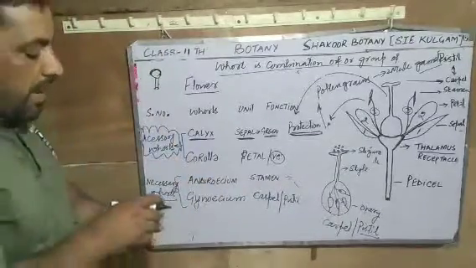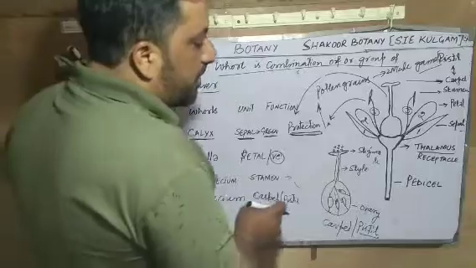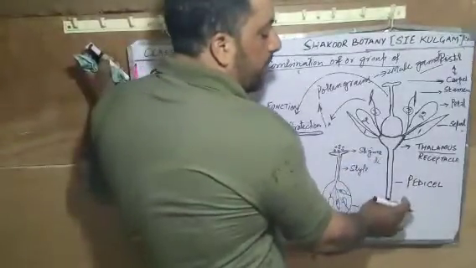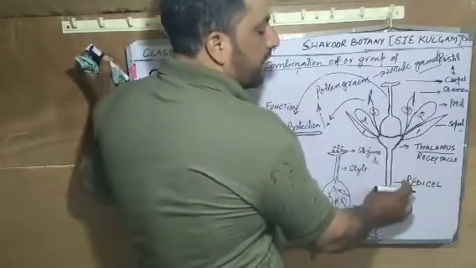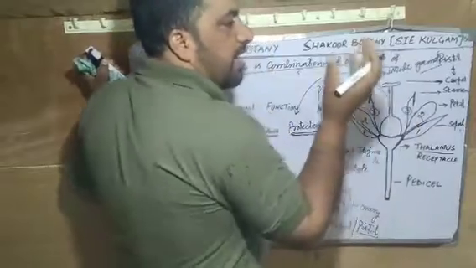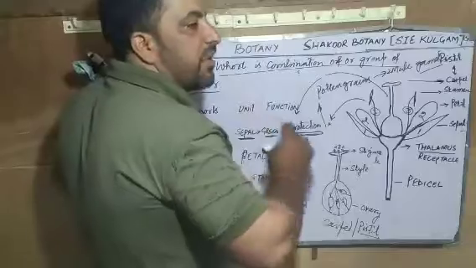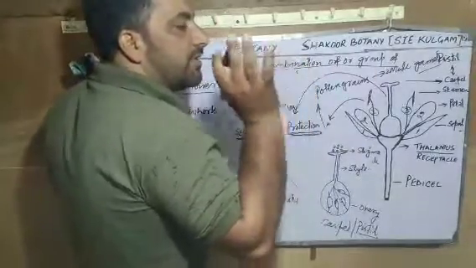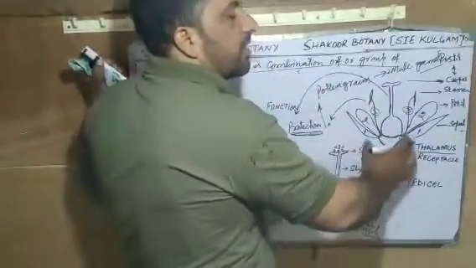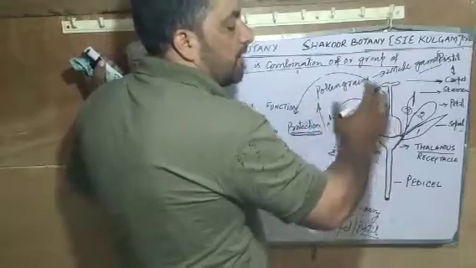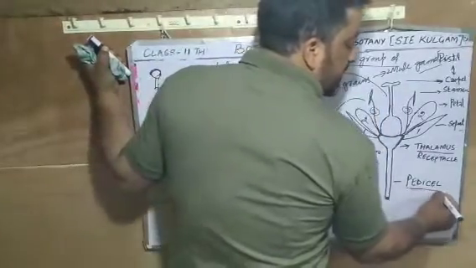So remember, and I forgot to tell you at the beginning that actually flower has a stalk. जिस तरह एक पत्ते का स्टॉक, लीफ का एक स्टॉक होता है, the stalk of a leaf is called as petiole. Similarly, each flower has a stalk, and that stalk is called as pedicel.